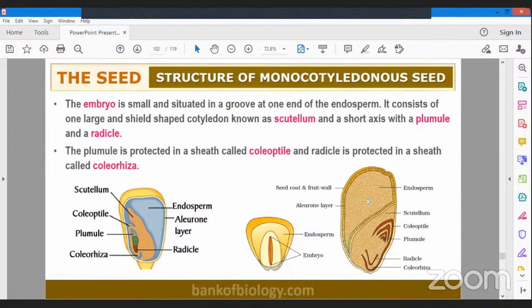The plumule is protected by a sheath called coleoptile and the radicle is protected by a sheath called coleorhiza. Take down coleoptile and coleorhiza first.